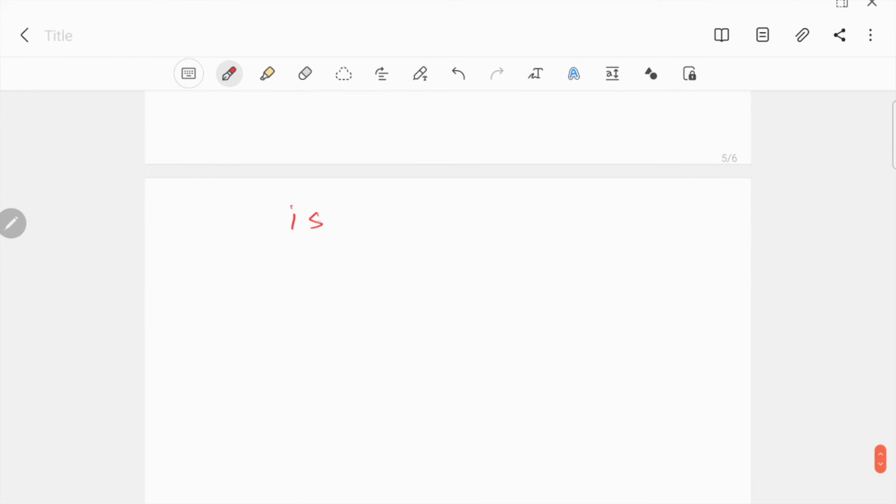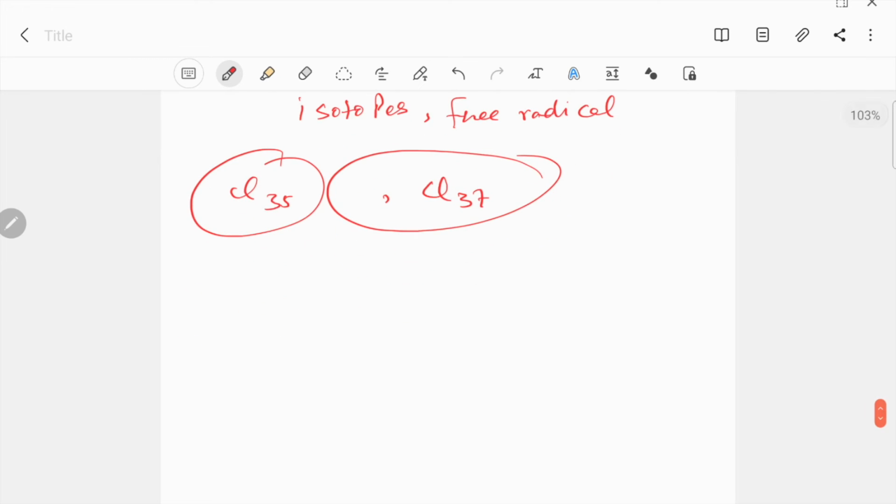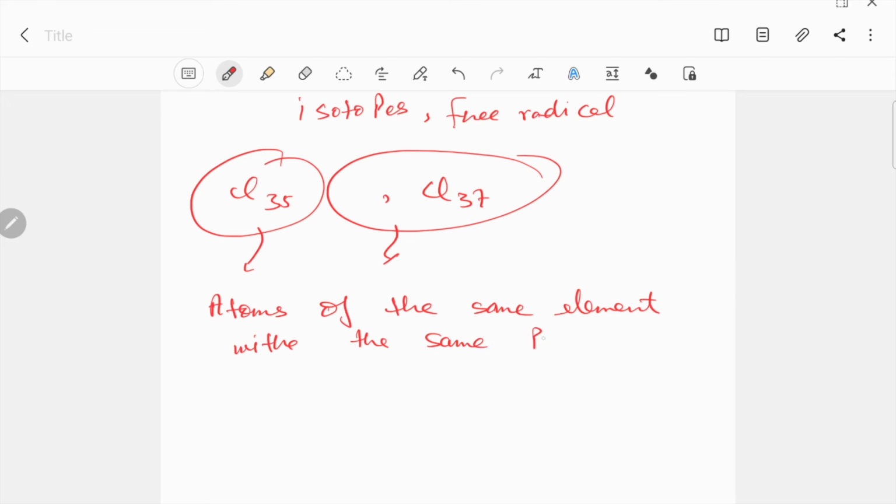Let's go back to the idea of isotopes and free radicals. Remember when we were talking about Cl35 and Cl37? 35 and 37 are nucleon numbers of chlorine. Now, these are both atoms of the same element, chlorine, with the same proton number.